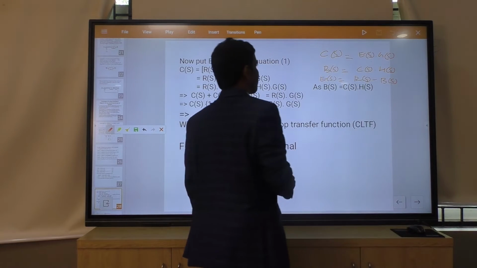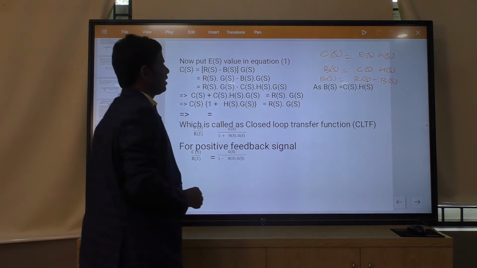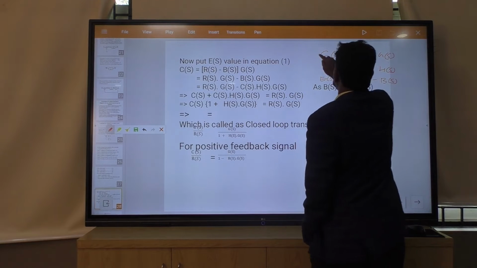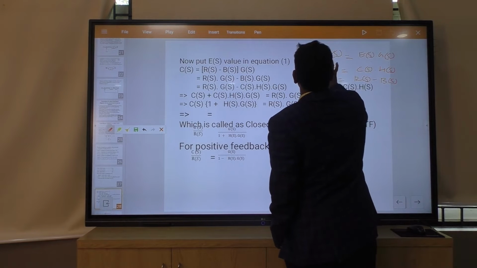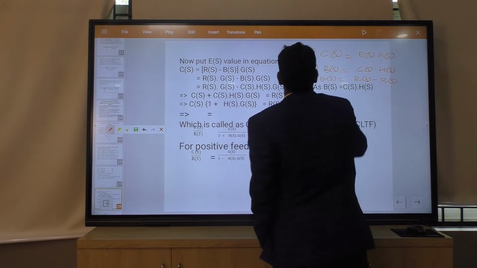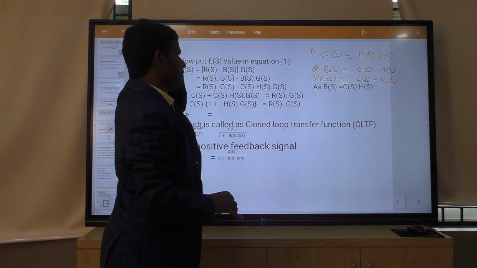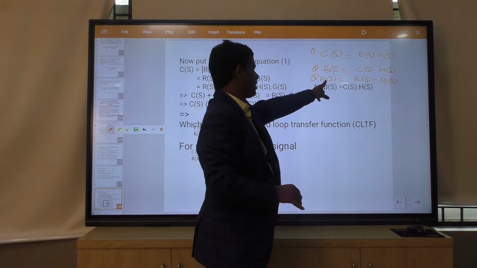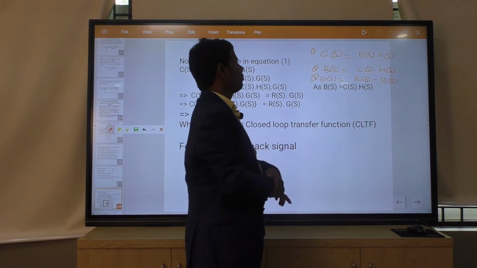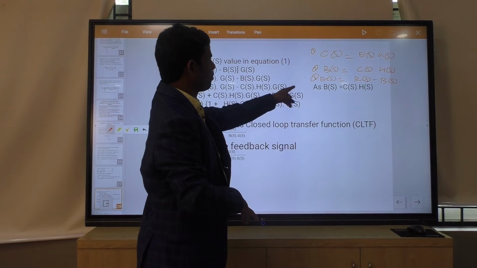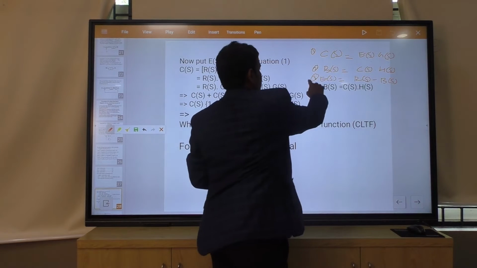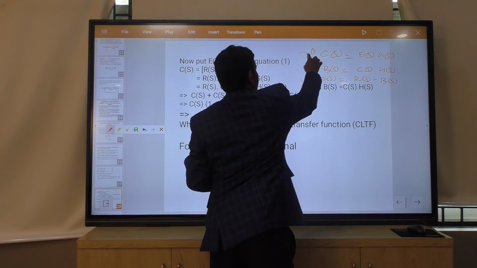You see, okay. This is equation 1, this is equation 2, this is equation 3. Put the E(s) value from equation 3 in equation 1.